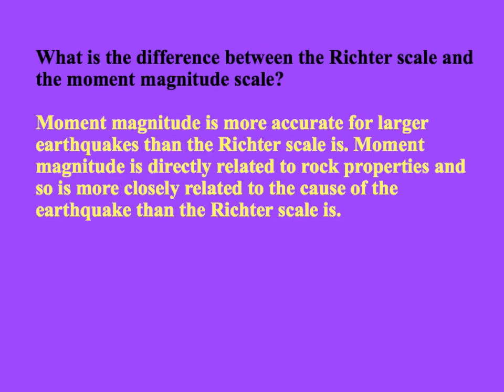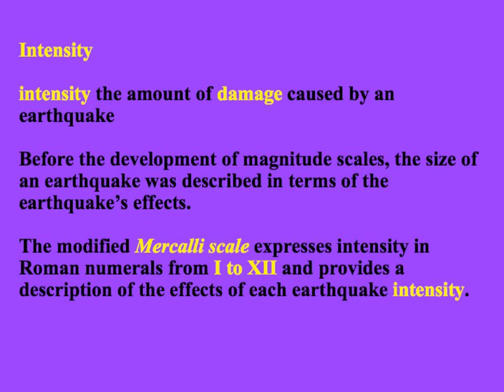So the main difference between the Richter and moment magnitude scale is that moment magnitude looks more directly at the rock properties. So it is a little bit better scale to use nowadays than the Richter scale, although for the most part they come up with a very similar answer. The moment magnitude just takes the rock properties a little bit more into account.